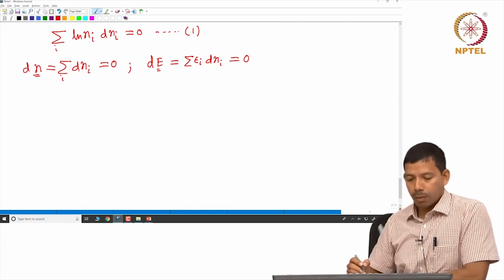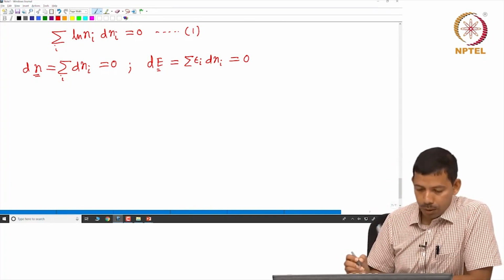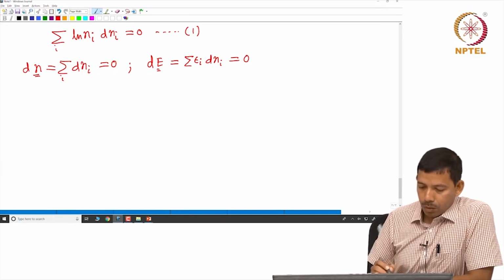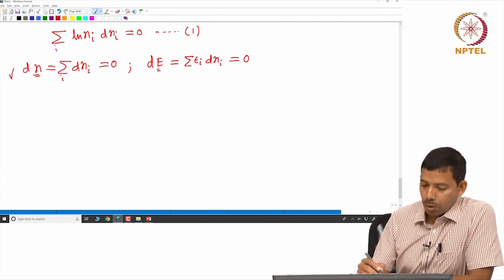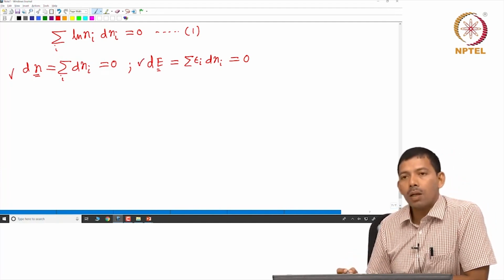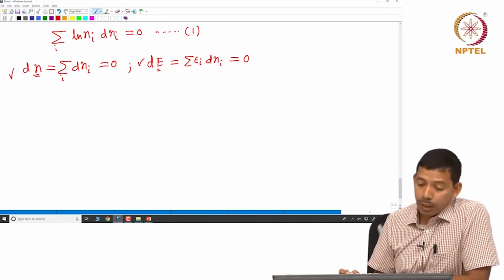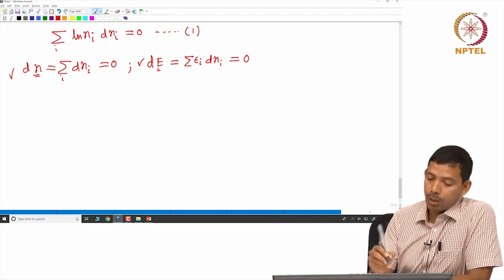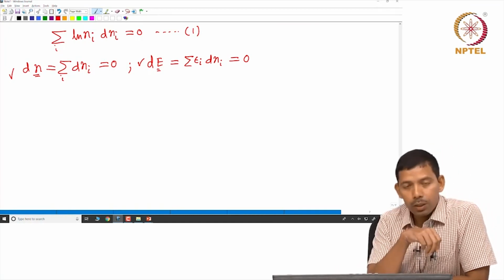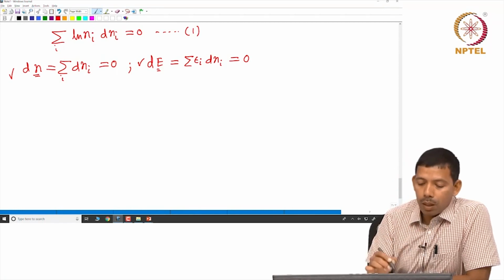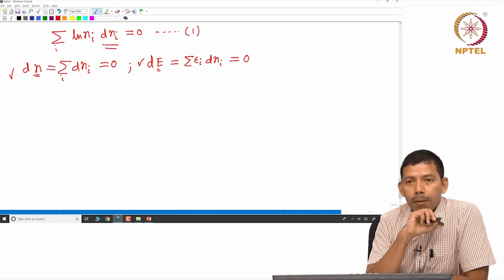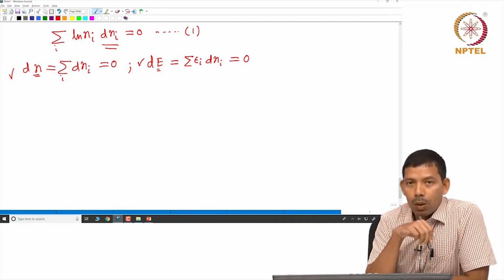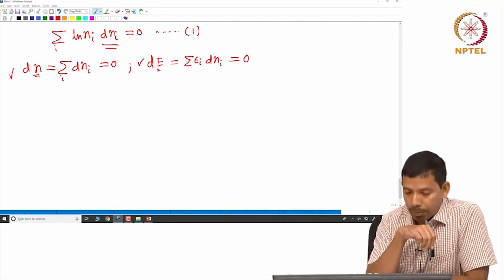According to Lagrange multipliers, we multiply these two constraints with a constant. After that, if we add those two expressions to our parent equation, then the variables become independent. At the moment our dni's are not independent.